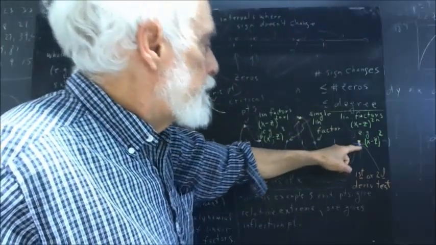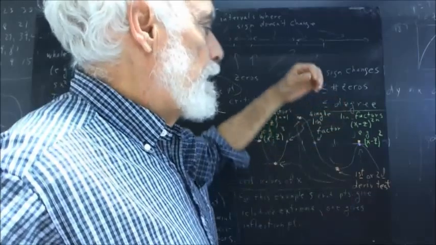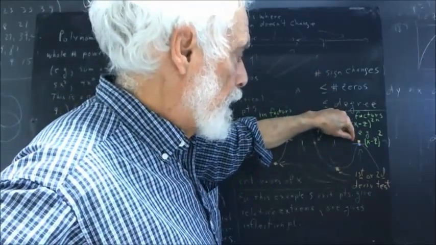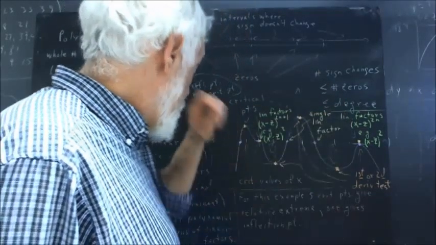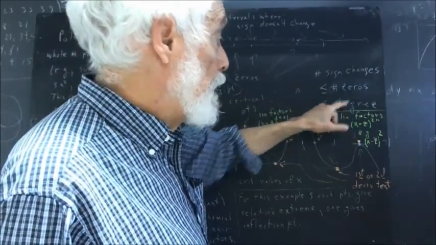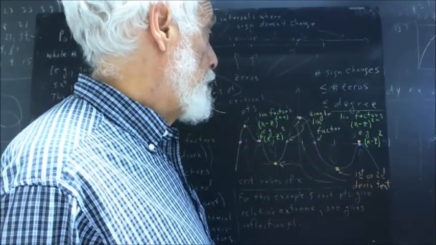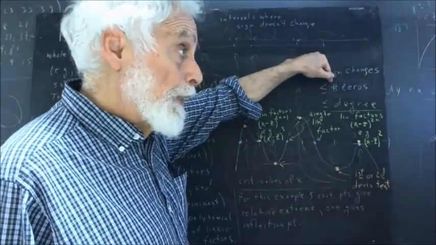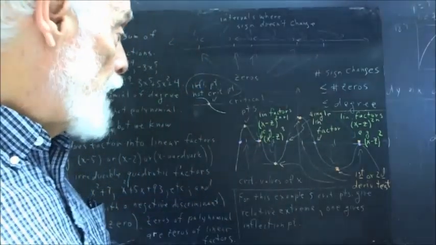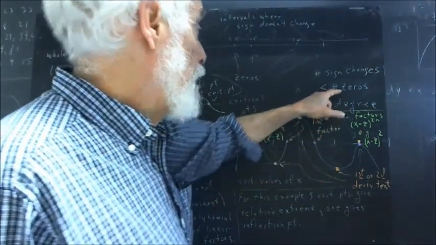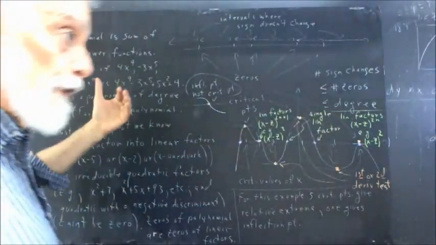But as in this case, not necessarily. You don't necessarily change the sign at the 0. And also that the number of zeros can't be greater than the degree of the polynomial. Why is that? Because a 0 can occur only at a linear factor. And the number of linear factors can't exceed the degree.